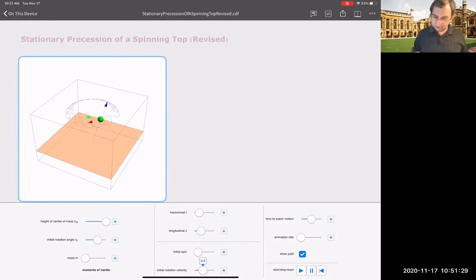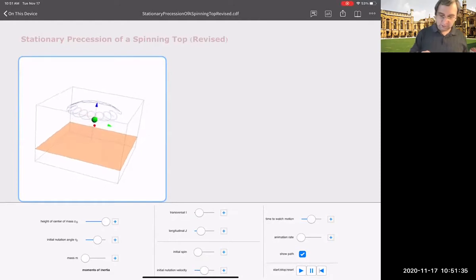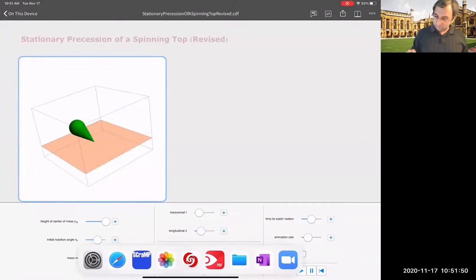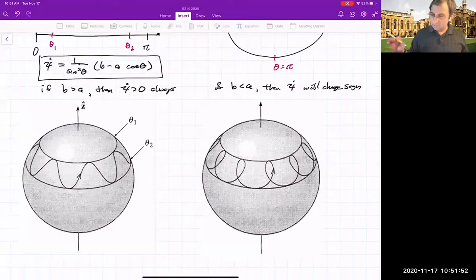If we increase this velocity, we're changing psi dot, and so you get these loop-to-loops, and you can see it from different angles and so on. And you could speed it up. There we go. And this is approximately what I see with the top. All right. So I can stop there.